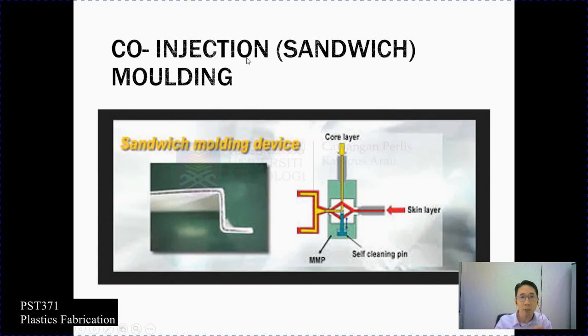Co-injection molding is usually used to introduce a skin layer onto a core layer using a single machine. It is usually used to protect electronic devices from having any contact with any other metal surface, so that we don't get any electrical circuit distortion during the process.